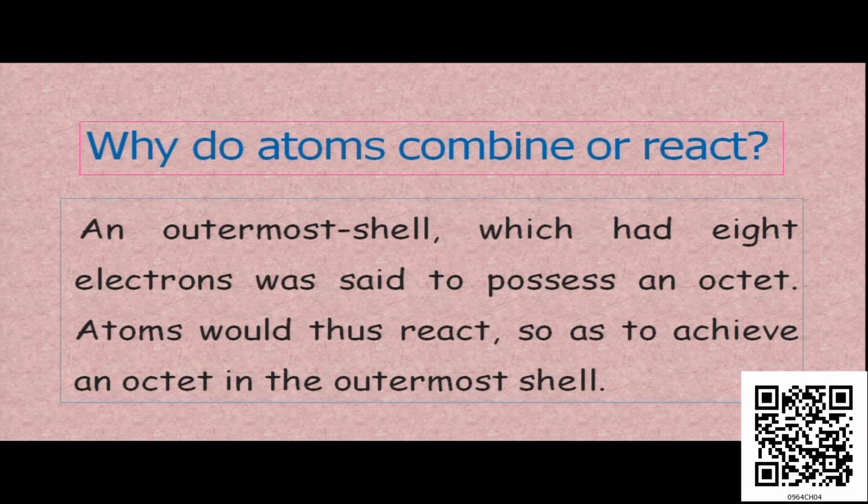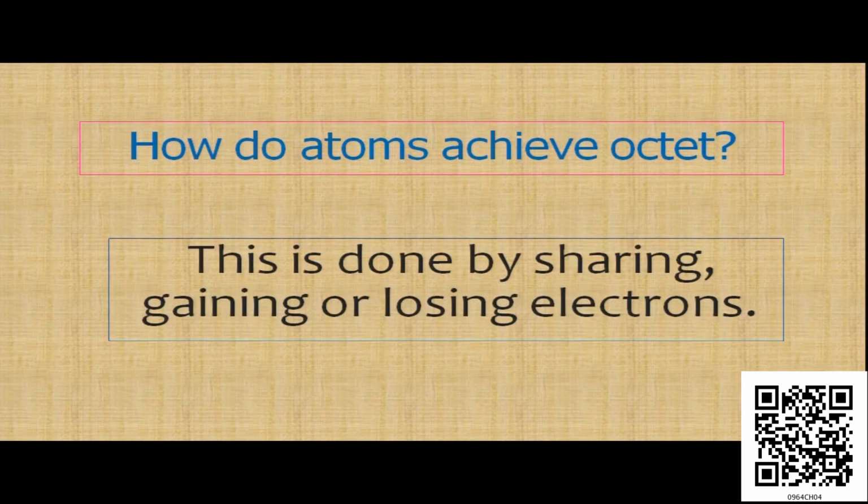That is because by doing so, they can achieve an octet in their outermost shell. And how do they do so? They achieve this octet by sharing, gaining or losing electrons. We will take some specific examples to understand how they achieve this 8-electron configuration in their outermost shell.